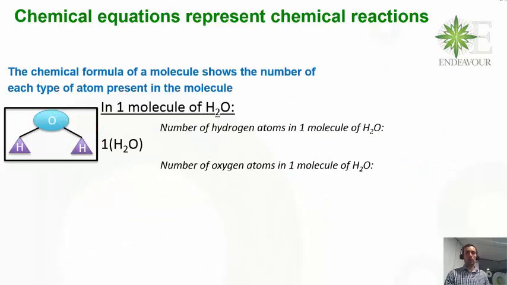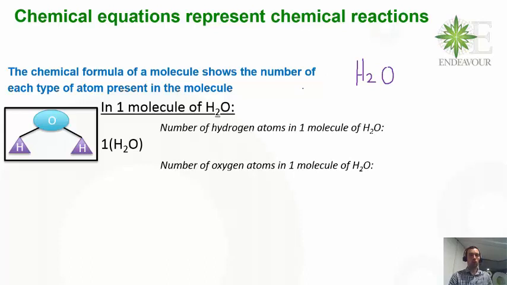Alright, so let's cover a little bit more detail on how to actually write our molecules within a chemical equation, either on the reactant or product side. We write them in the same way. When we have it in H2O, like this, the simplified representation, we call that the chemical formula of the molecule.